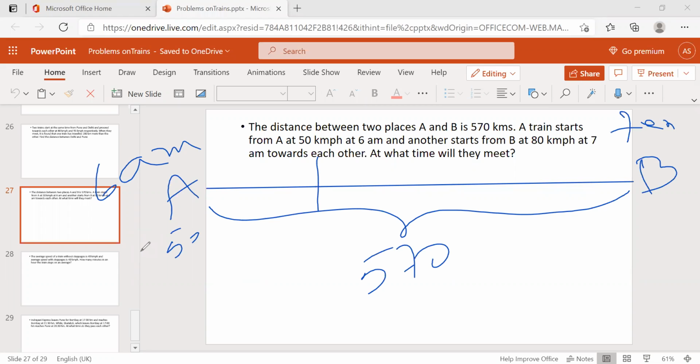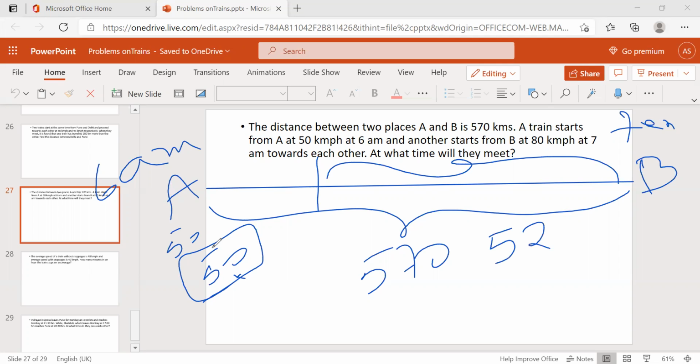Up to 7, the A train already covers 50 kilometers. Now what's the remaining? From here to here, it's 520 kilometers. We know the total distance is 520 kilometers, and the trains are traveling toward each other in opposite directions, so speeds will be added.